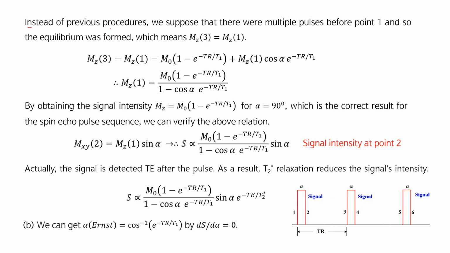Instead of the previous procedure, we have lots of time to do this process. So instead, we suppose that there were multiple pulses before point 1, and so the equilibrium was formed.